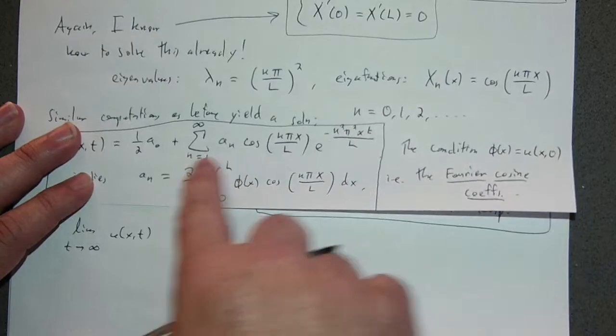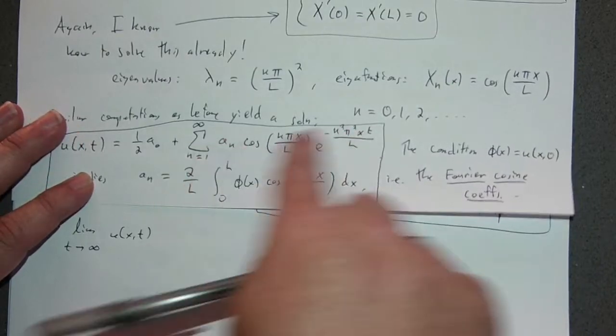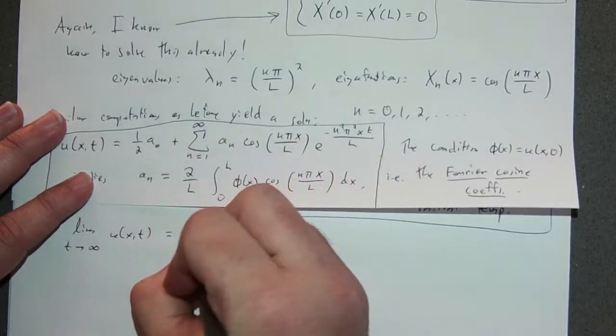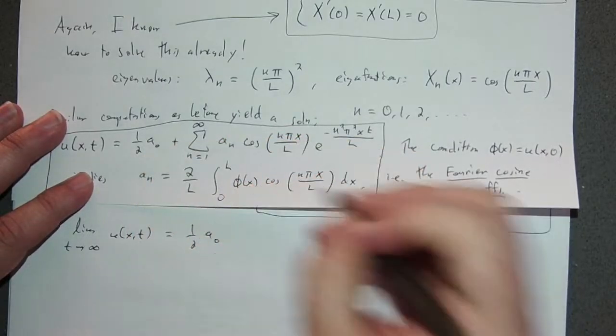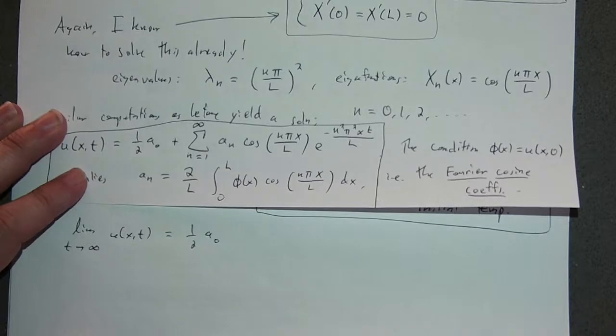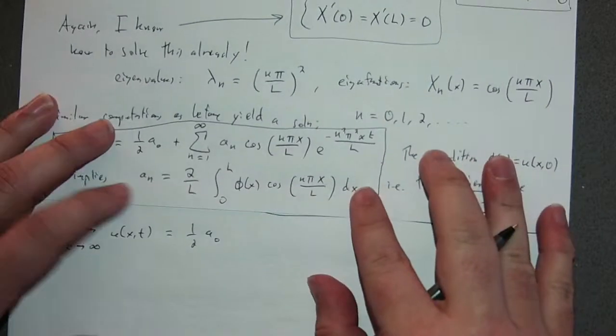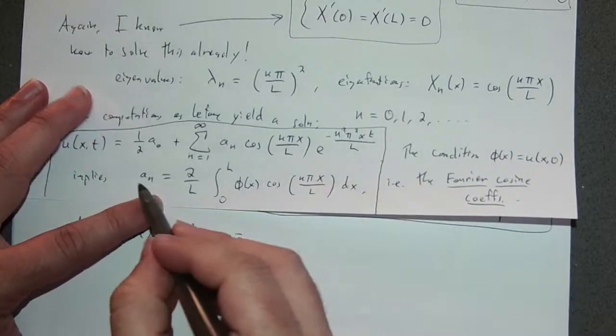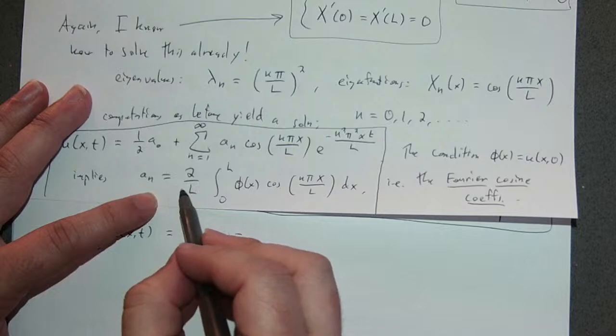So everything in this infinite sum is killed off as t goes to infinity. And so clearly all I have is 1/2 a naught. But what is a naught? A naught is given by this formula for the coefficients.